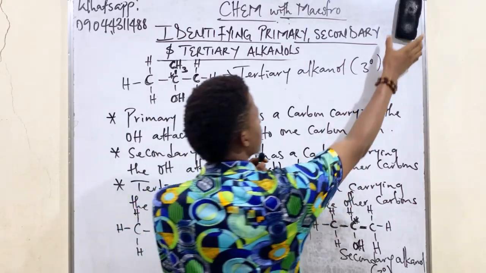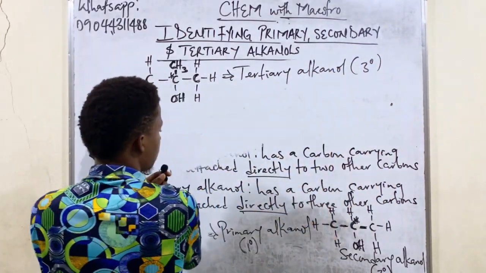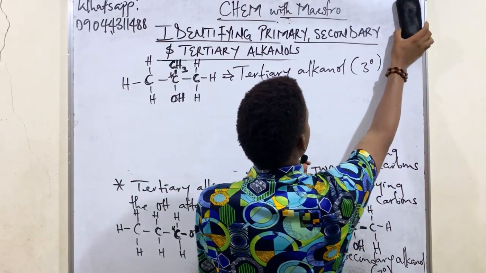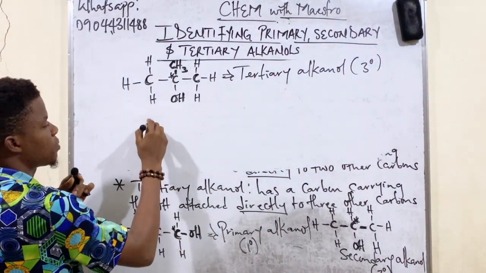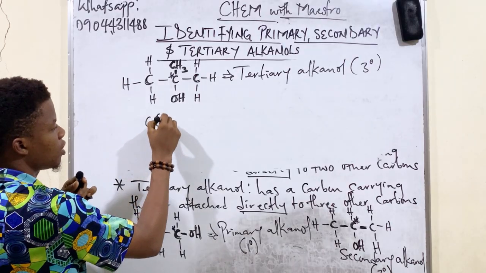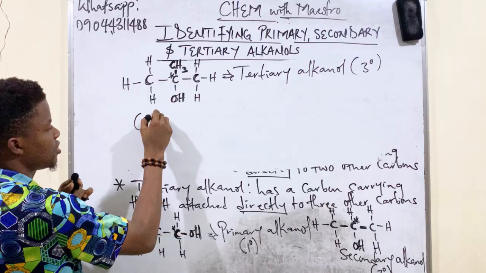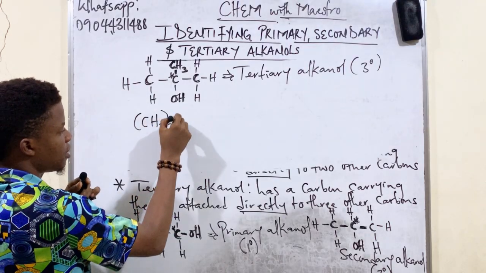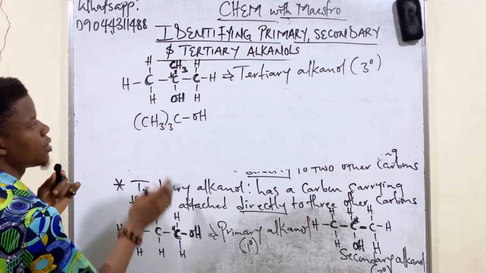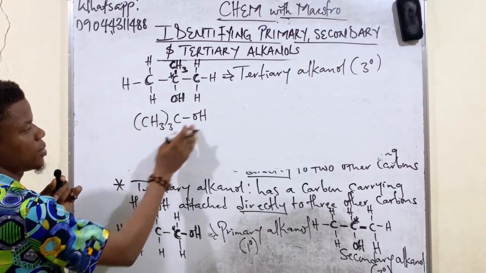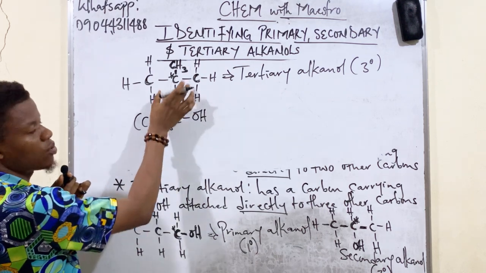All right, there was a question JAM asked some years back. They gave us a compound and they said we should identify if the compound is primary, secondary, or tertiary. So you have something like this: CH3 3, then COH. Now this compound is very similar to what we have here.